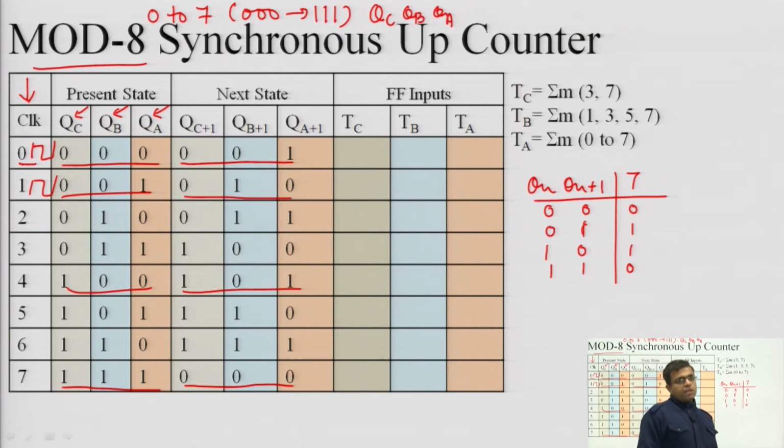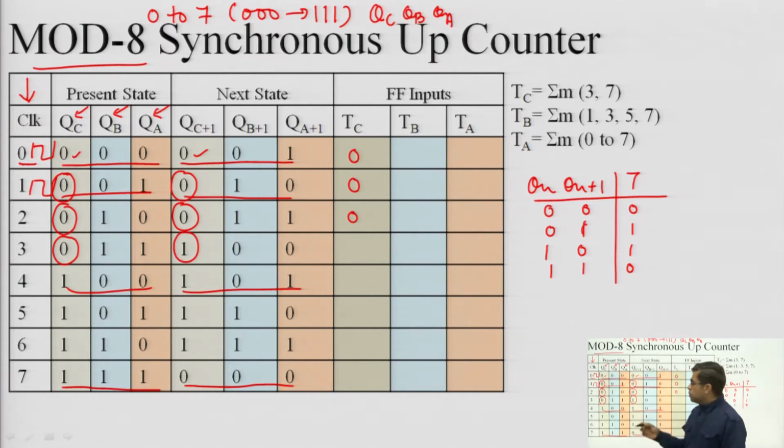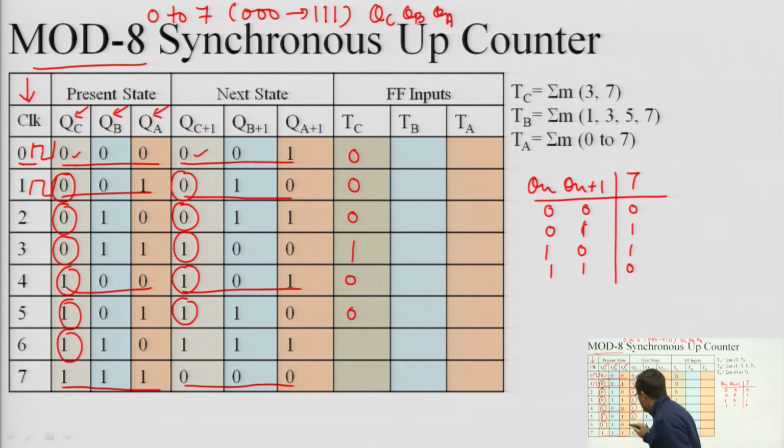This excitation table has to be used for these cases. Let us check for QC: QC and QC plus 1 are both 0, 0 0, no change, so TC must be 0. Again 0 0, again 0. Then 0 1, the output has toggled, so 1. Then 1 1, 0. Again 1 1, 0, and 1 0, 1.